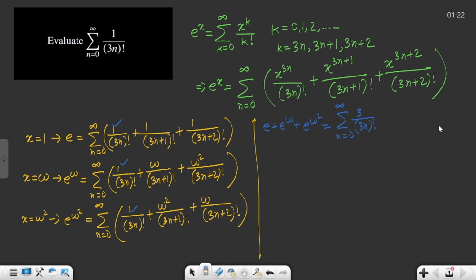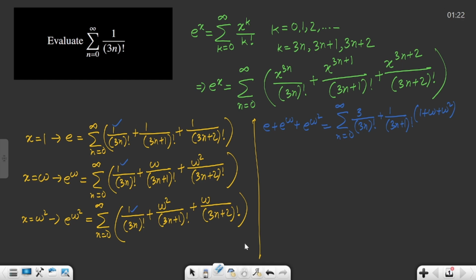Okay, no problem. Now see here, if I take 1 by 3n whole factorial common, in bracket we will get 1 plus omega square. Now you know that 1 plus omega square is equal to what? 0. 1 plus omega square is equal to 0.